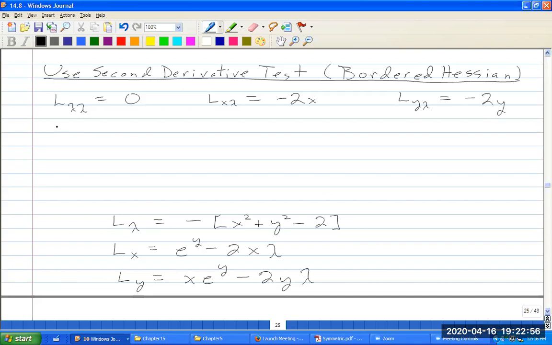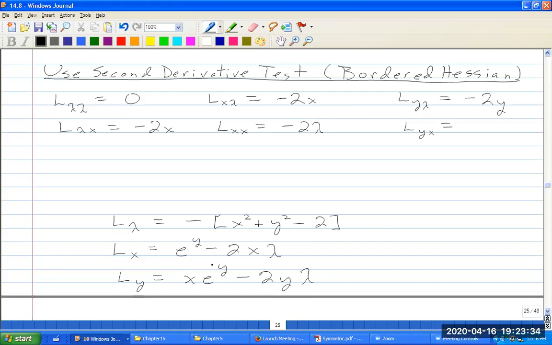L lambda x. It's a minus 2x. L xx. And so that's minus 2 lambda. L x y. I'm doing x now.